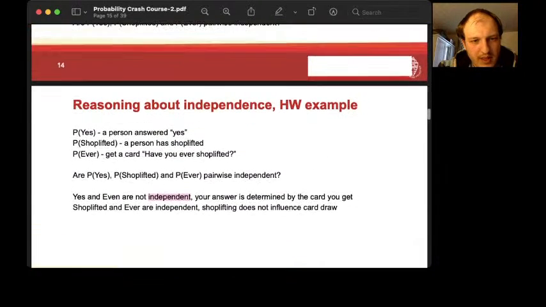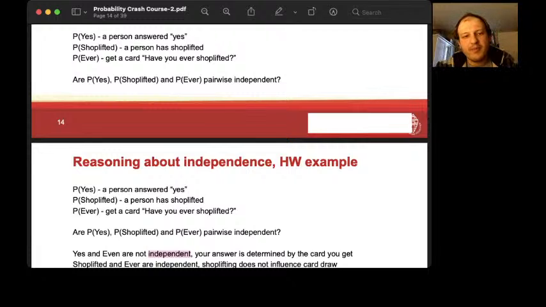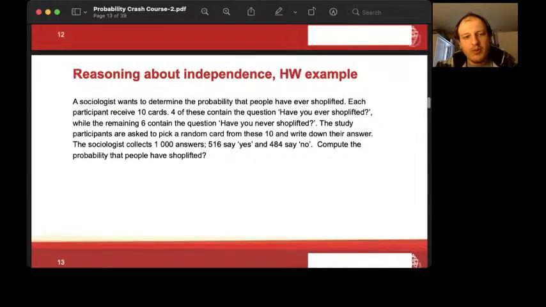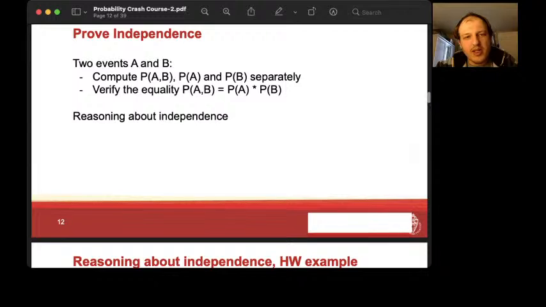If you need to find pairwise independence, then you need to prove all pairwise connections between three variables. This is also something that you should be familiar with from the homework. So if you have A, B, and C, and want to check if they are all independent, you have to find it for every combination. So basically just do this 3 times for every pair, and then do it 1 time for all of them.